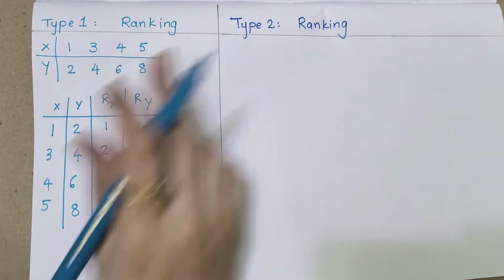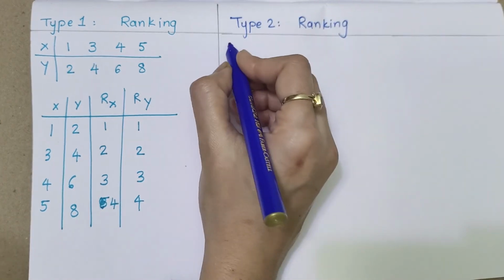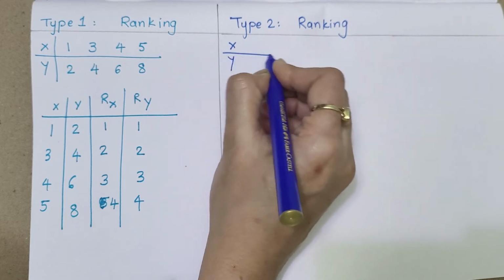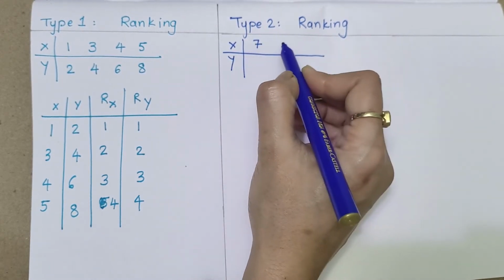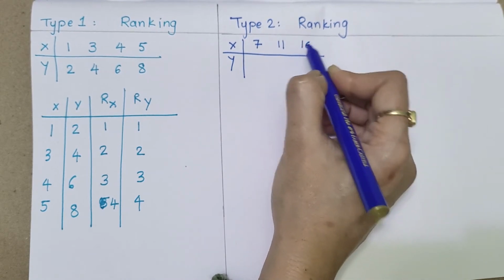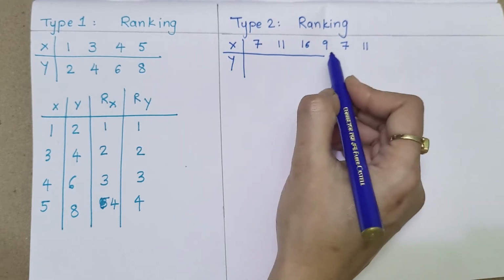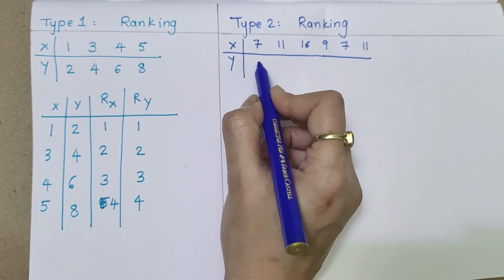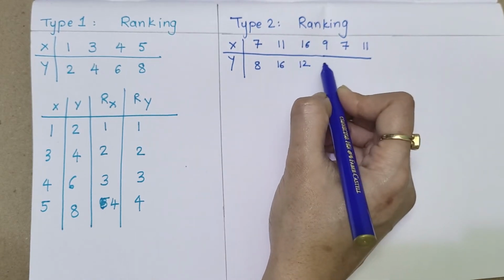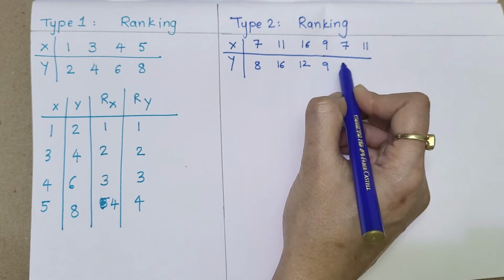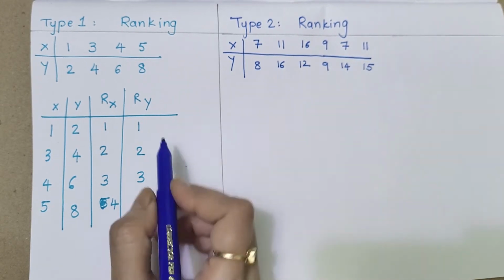But type 2 is not the same. We will have some difference here. Suppose the problem is given for duplicate ranks. We have x as 7, 11, 16, 9, then again 7 and 11. Then y is given as 8, 16, 12, 9, 14 and 15.